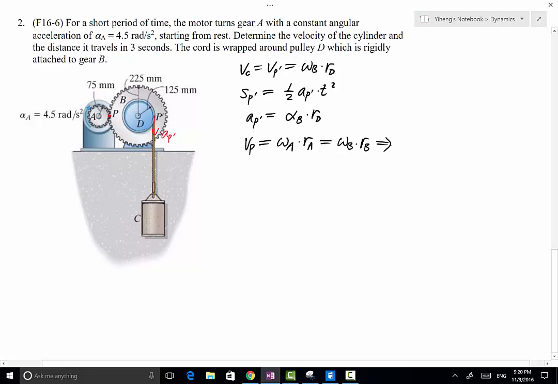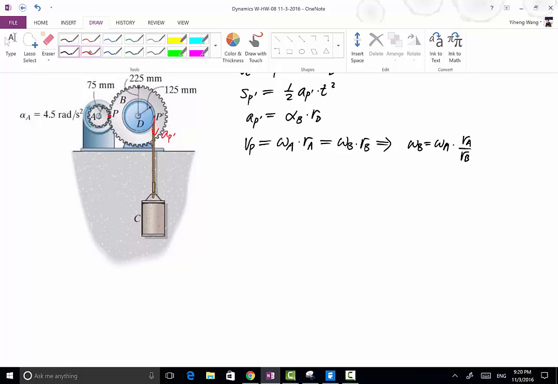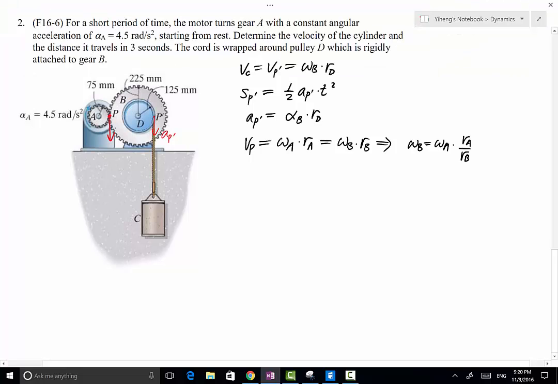Therefore, from here you can tell that omega B equals omega A times Ra over Rb. And you can write the same relation for the tangential component of the acceleration at point P. This tangential component, let me call it ATP for tangential.